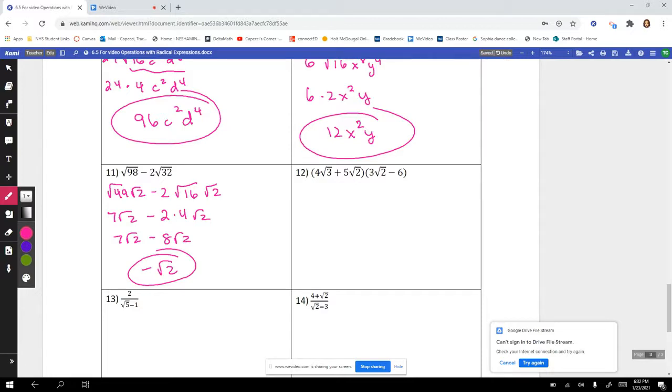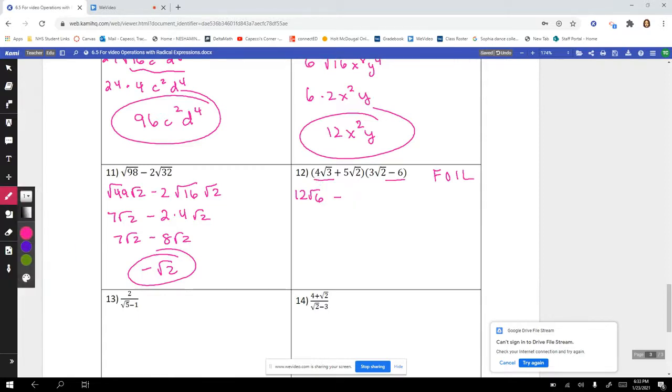All right, number 12. I have a binomial times a binomial. So I'm going to use that FOIL process. You can distribute if you like that method better. I like using FOIL. So my first, 4 root 3 times 3 root 2 is going to give me 12 root 6. Okay, then I'm going to deal with my outside, which is 4 out front and 6.